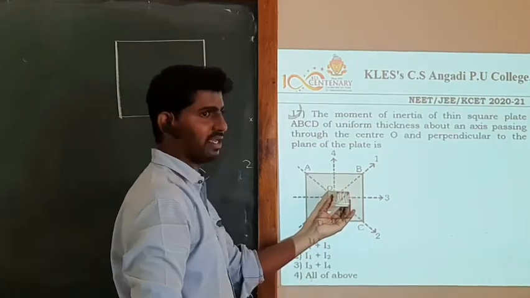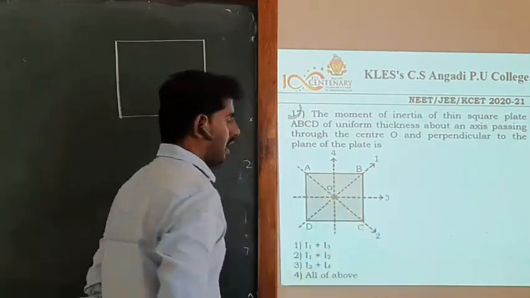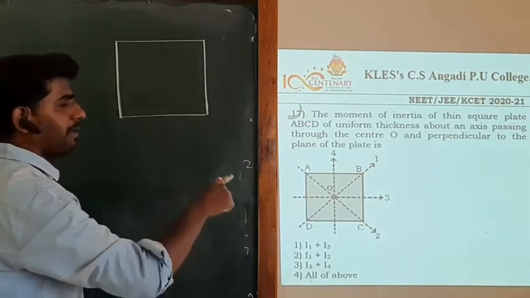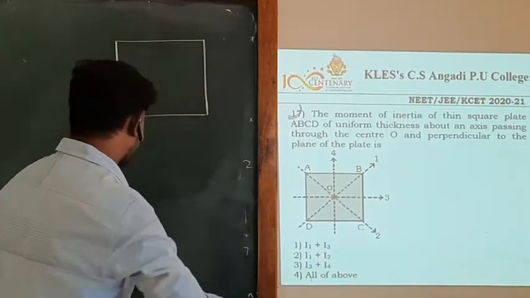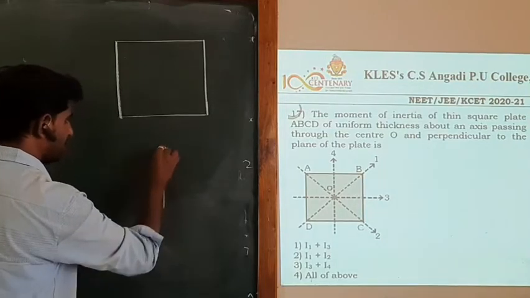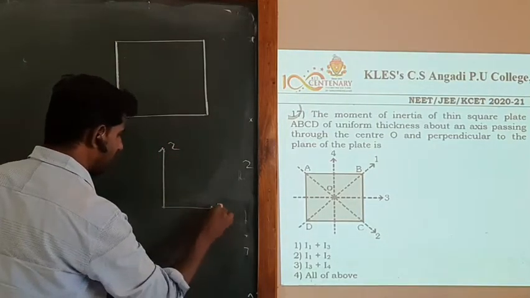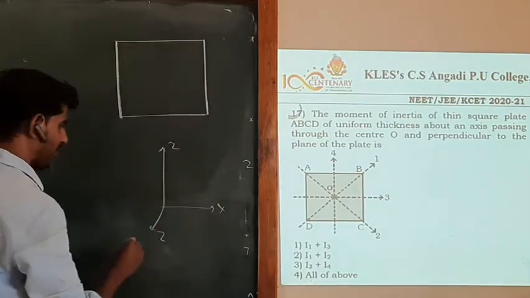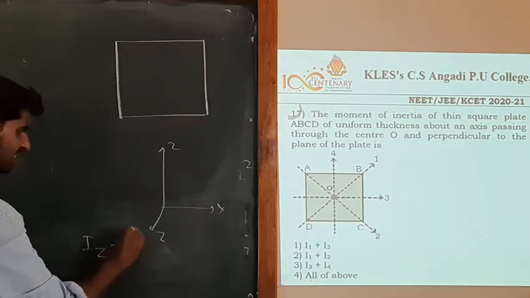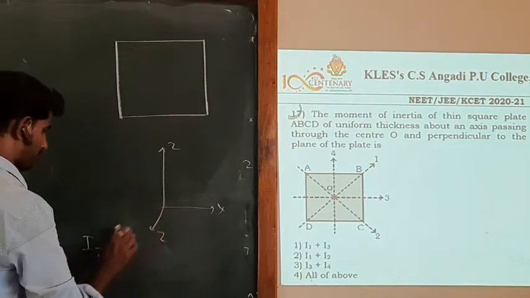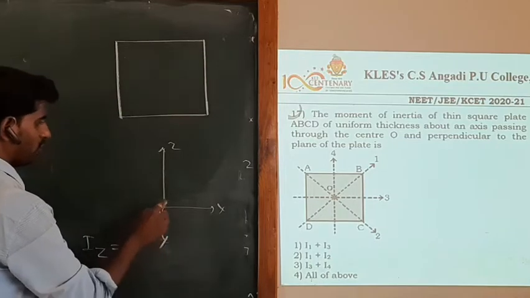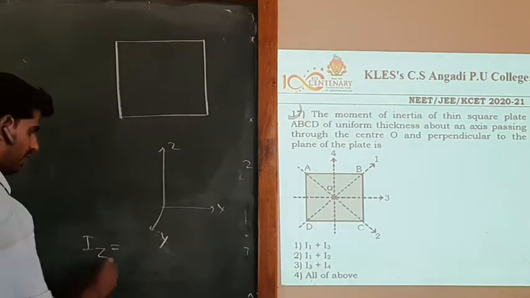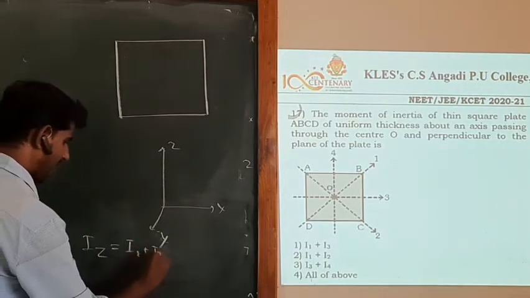about the coplanar perpendicular axes. For example, this is the z axis, this is the x axis, and this is the y axis. If you want the moment of inertia along the z axis, which is perpendicular to both y and x, you write Ix and Iy.